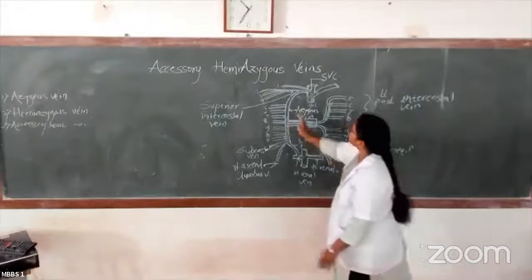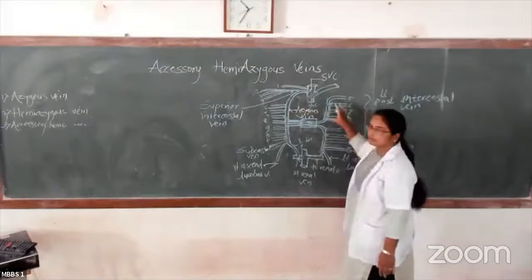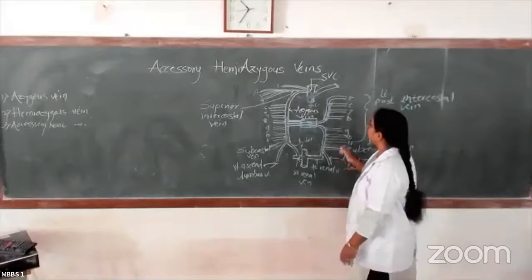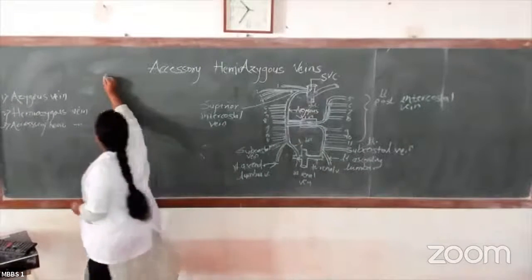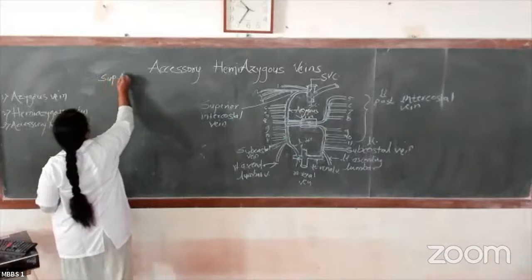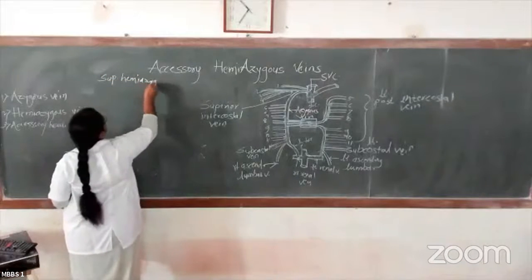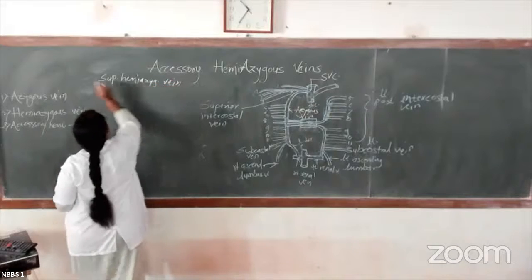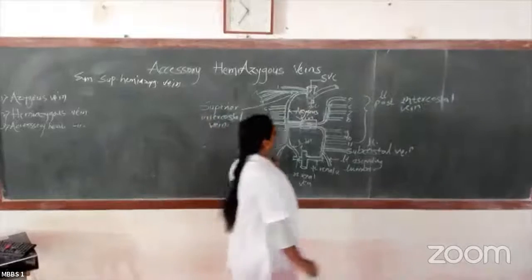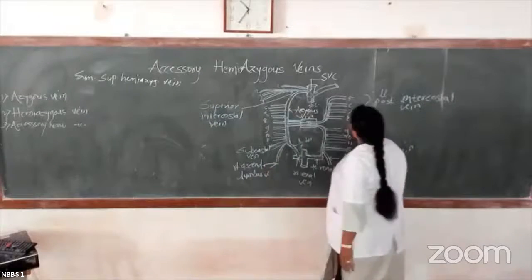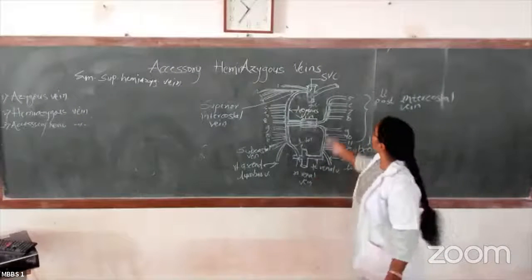That means it is the mirror image of upper part of the azygous vein. So that is why its synonym is superior hemiazygous vein. Now we see its formation. How it is formed.